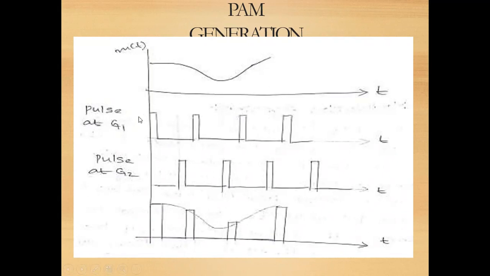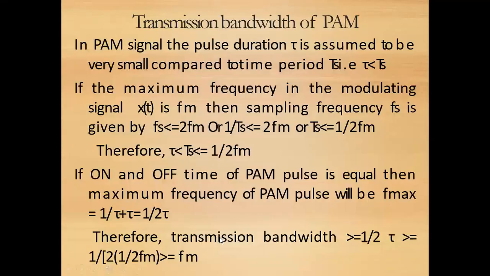Here is the message signal, the carrier is a pulse, this is the pulse applied at gate G1 and this is the pulse applied at gate G2. Due to this the capacitor starts to charge, and until the second pulse is applied to the second FET, it holds that value. Then immediately after the second pulse is applied, it starts to discharge, and then charge, discharge, charge, discharge, so that we get this output, which looks like a PAM output.